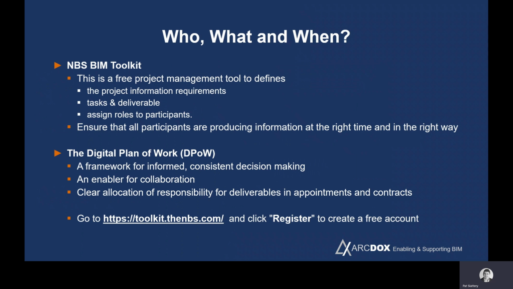It helps to ensure and manage that the participants are producing information at the right time and in the right way on the project. The output from the NBS Toolkit is a digital plan of work, which allows for better and more consistent decision making, better collaboration, and a clear allocation of responsibility for delivering the tasks and the requirements for the project.